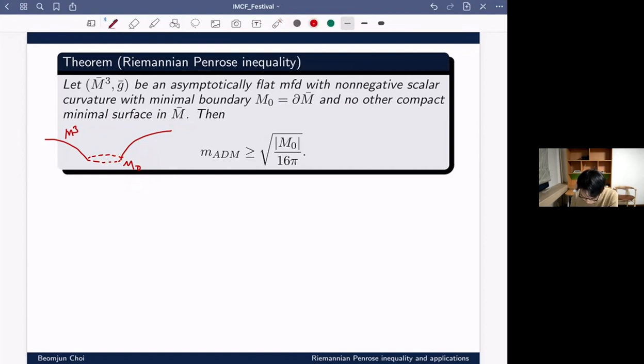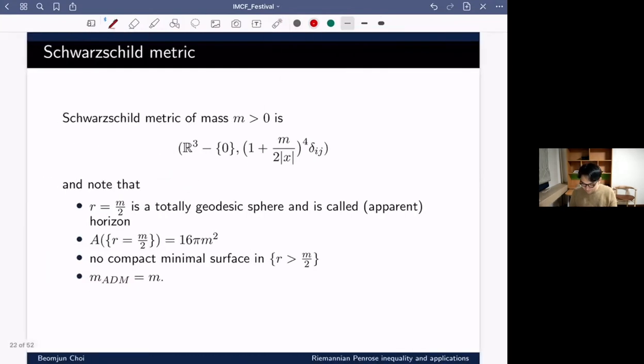The physical interpretation is that there's some black hole inside of this M0, the boundary. So what you can observe is the area of this M0. A black hole makes some horizon, and as we see from this Schwarzschild metric, if m is large, the area becomes large. To make this horizon, it has to have some influence on the whole space and should increase the total mass.